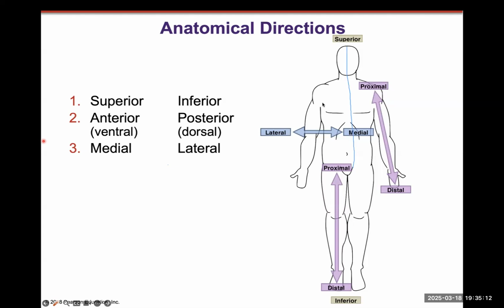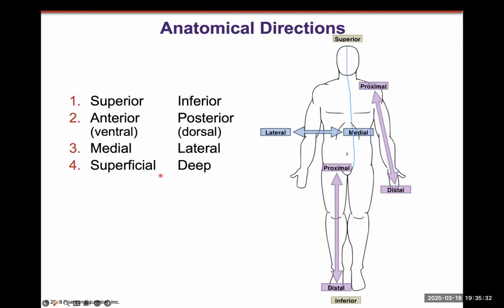So we're building up a vocabulary now. I'm basically giving you new words as we go. So we have another term, and that's called superficial and deep. You can't really see this in the image, but pretend, let's say, we talk about your skin.